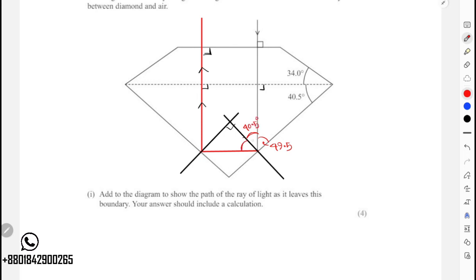And as it was total internal reflection over here, it was also creating 40.5 degrees, right? They will both have the same angle. And then again, using the 90 degrees and this 40.5, this one turns out to be 49.5. This one turns out to be 49.5, right? And the other ones are 90 degrees as they move out of this diamond shape.